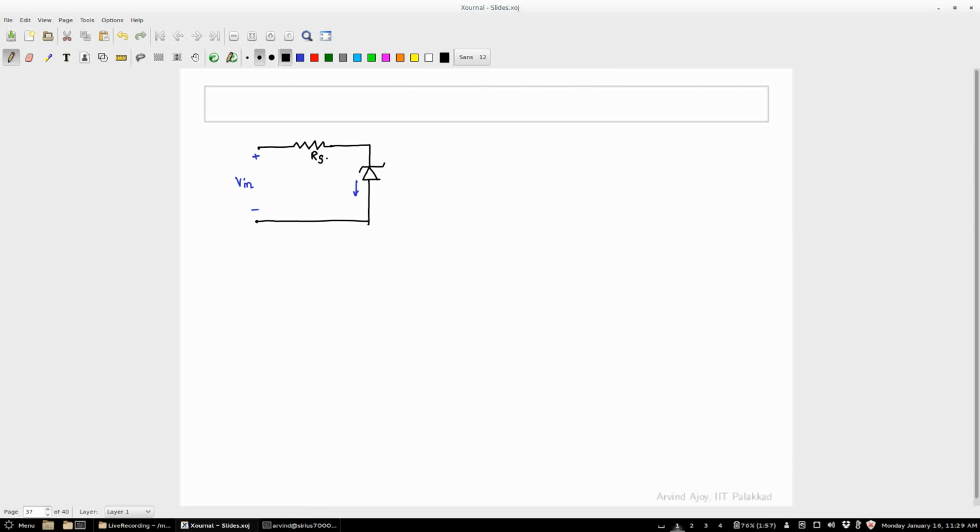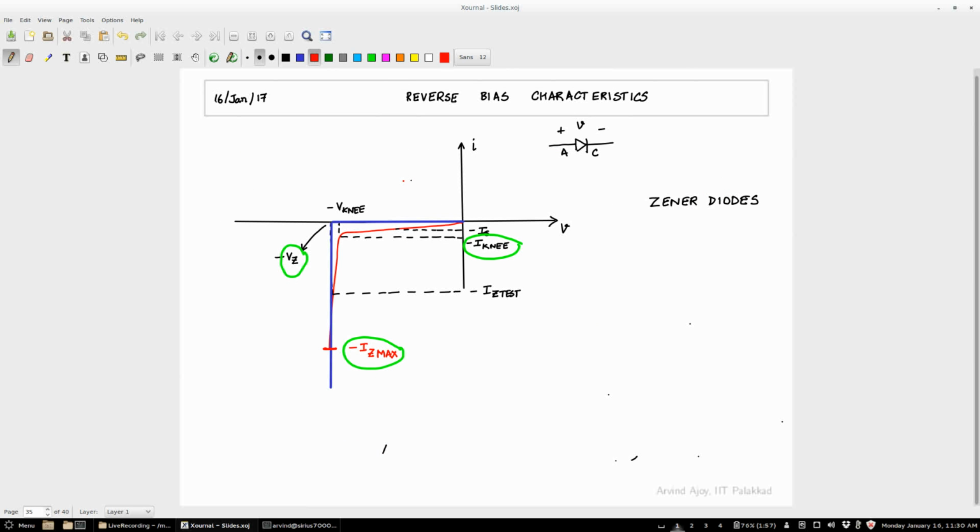Okay. Now I limit the current through this Zener to always be below IZ max. So what do you do? You have to put a resistance, right? This block here, which I did not draw, is some resistance. Let me call that RS. So you can decide that it is not V in divided by RS, sorry, it is V in minus Vz divided by RS, because the voltage over here is always Vz.